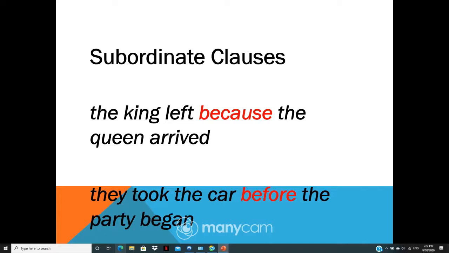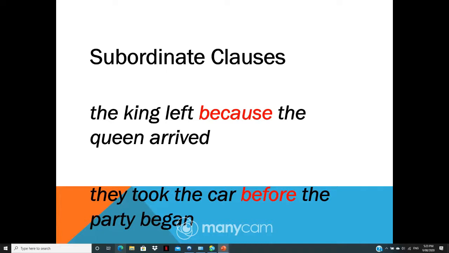Information about the reason why the king left. Therefore, the whole second part of it, because the queen arrived, operates like an adverb to the main clause. That's the reason why it's referred to as subordinate, because it's grammatically subordinate, because the whole thing is like an adverb.